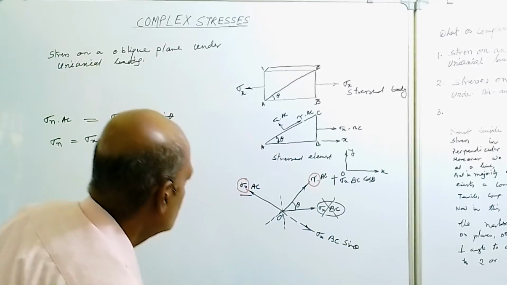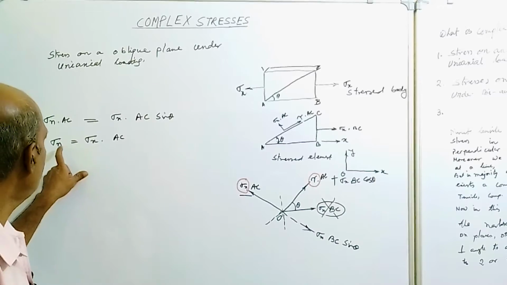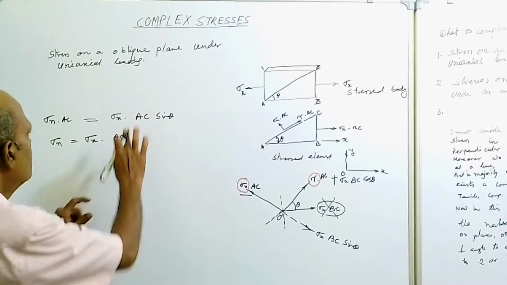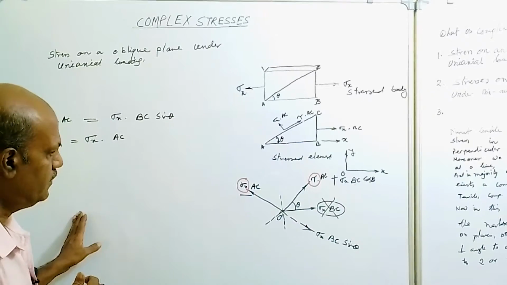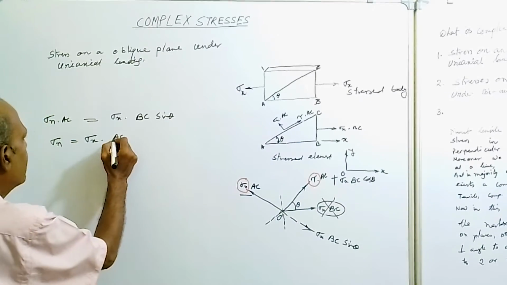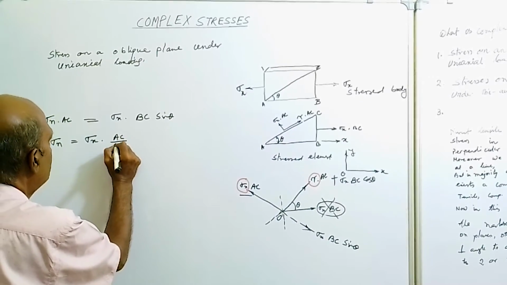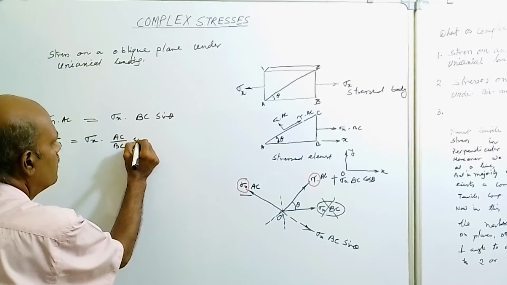Sigma n into AC will be sigma x into BC sin theta. So sigma n is equal to sigma x into BC by AC into sin theta.